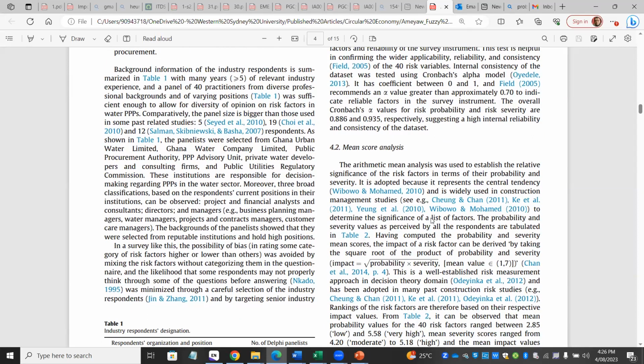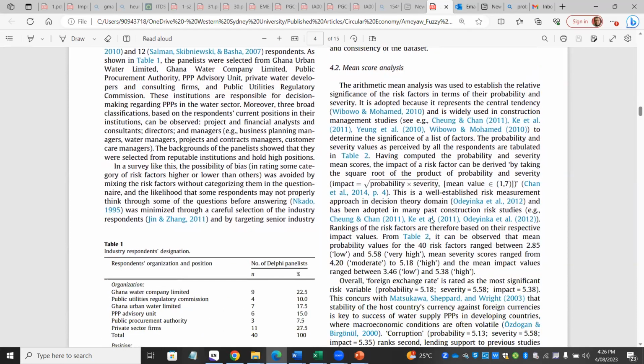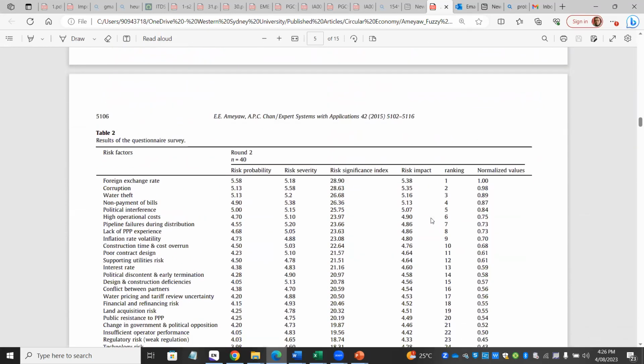After that, the authors conducted what we call the mean score analysis. With this mean score analysis, the severity and the probability of occurrence were also done. The results are shown in Table 4. With risk probability, which is the probability of occurrence of the risk, these are the means using the factors. And from the severity of occurrence, because there are two sides, these are the means.